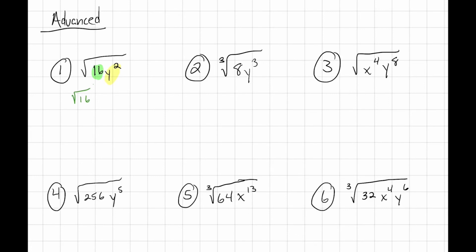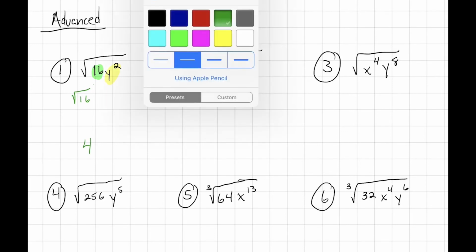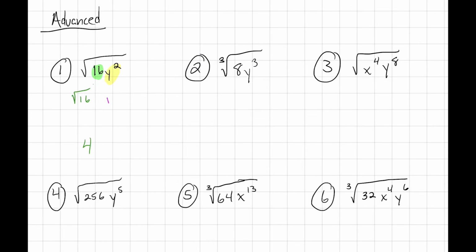I know that the square root of 16 is 4. The second part that I'm going to look at is the square root of y squared. We know that the square root of y squared can be written as y to the 2 over 2, and 2 divided by 2 is just 1. So by solving both parts separately, we're able to get our final answer, which is 4y.